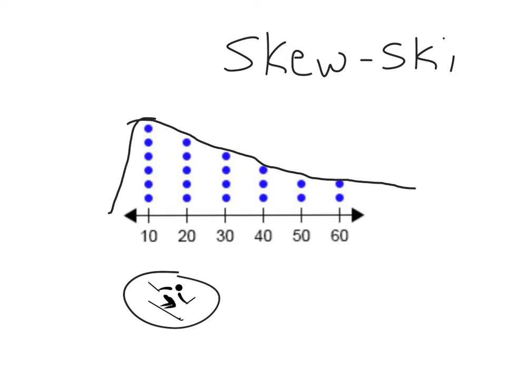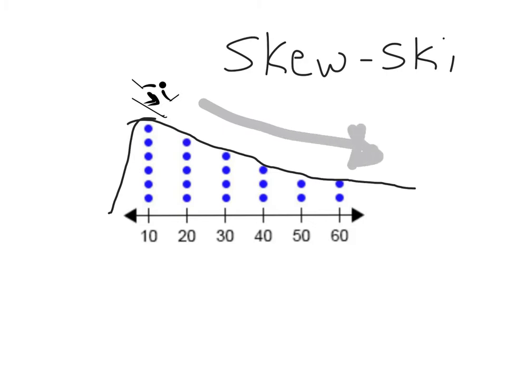So which way do you think it would be safer for the skier to travel? Let's say this guy right here is Coach Novosad. Which way should Coach Novosad go? Should he go to the right in a nice smooth slope? Let me move him up. If he goes to the right, he's going to go down this nice, smooth, not very steep slope.